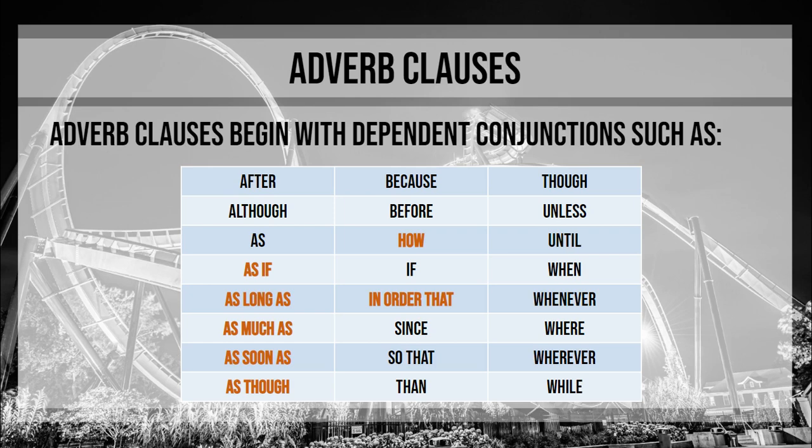You might not have as if or as long as or as much as soon as though, how, or in order that. These are all conjunction words or phrases that could begin an adverb clause.